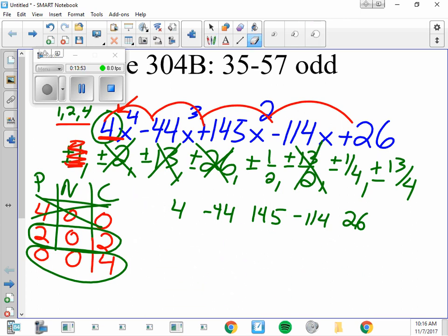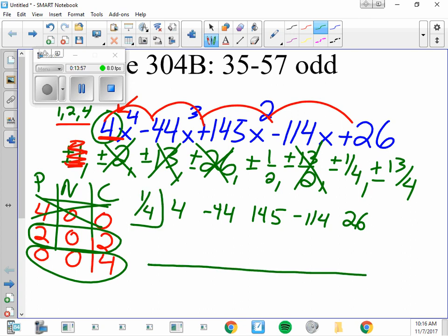1/4. Well, why did I not guess 1/2? Well, if 13 over 2 didn't work, then the chances of 1/2 working, if 13 over 2 worked, then 1/2 would have to work, because we need a leading coefficient of 2, or of 4. So I'm not going to guess that one because 13 over 2 didn't work.